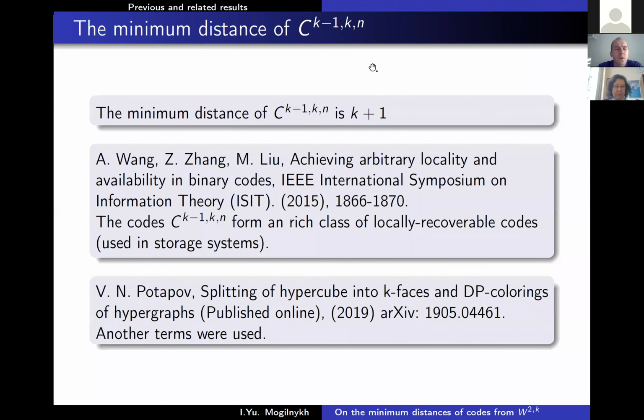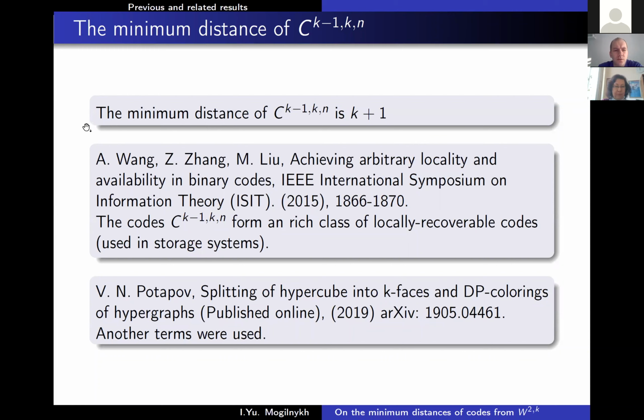Now I'm going to speak about one solved case, when t is k minus 1. The minimum distance of the code C_k-1,k,n is k plus 1 for all k and n.